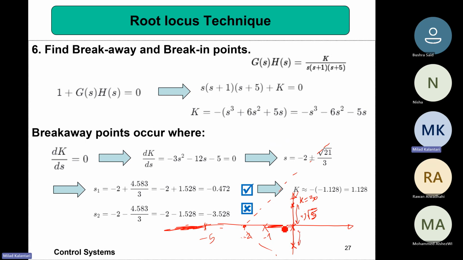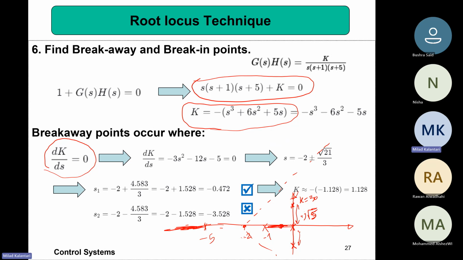And then the other thing we want to find is where the collision point of the two roots is. To calculate that collision point, basically the two roots are at the same position. So you first again write the closed loop equation, and then you rearrange it so that k equals something, right? And then you take a derivative of k with respect to s.